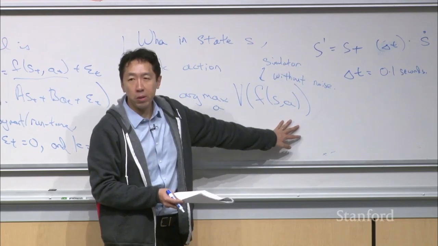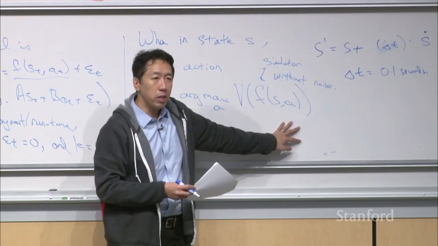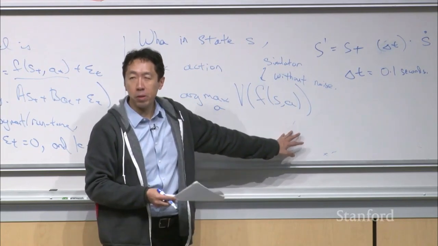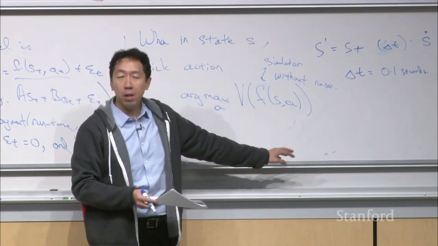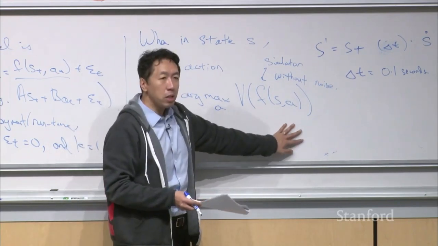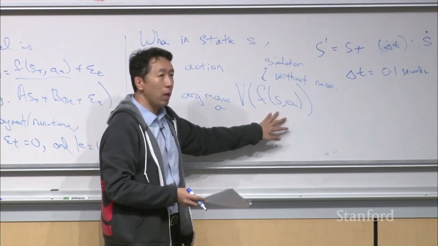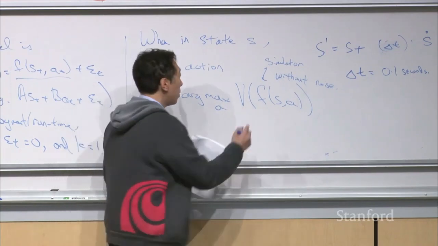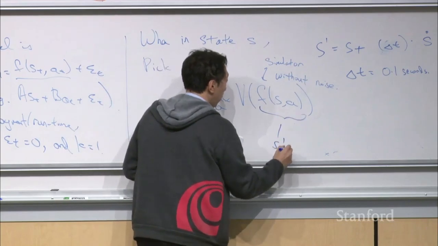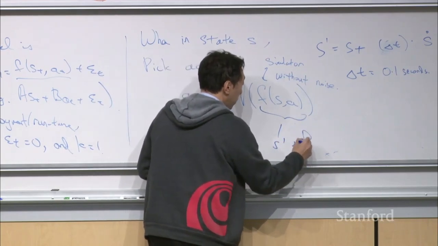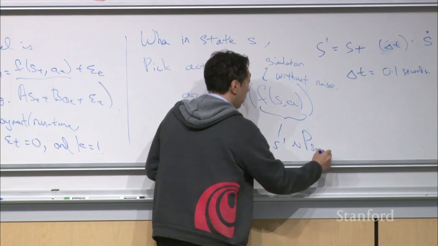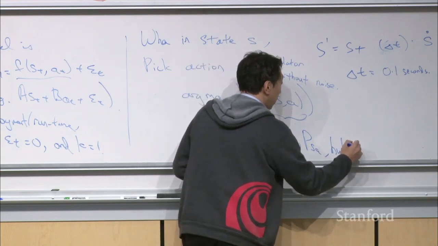So go ahead and run your simulator once for each possible action you could take, right? Computers are actually fast enough to do this in real time. And then for each of the possible next states you could get to, compute V applied to that. So this is really S prime drawn from PSA, but with a deterministic simulator, right?